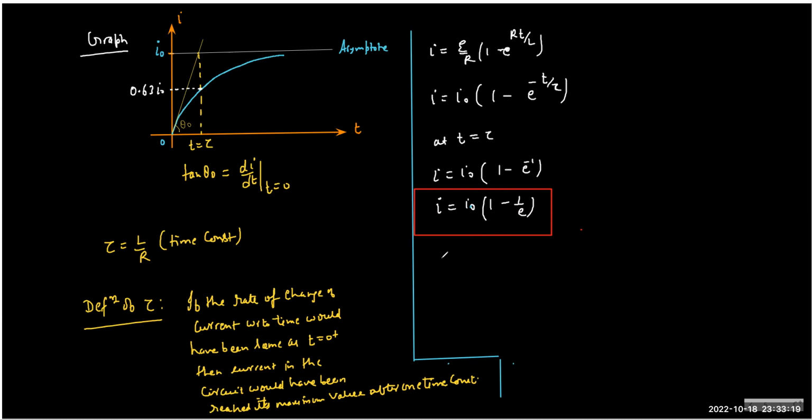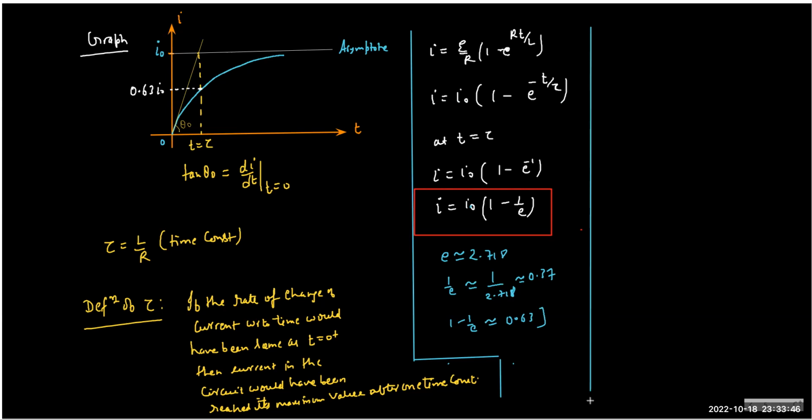So I hope you can remember. That is why we write roughly 63%. It is not exactly 63. So after one time constant, the current in the circuit becomes this much.